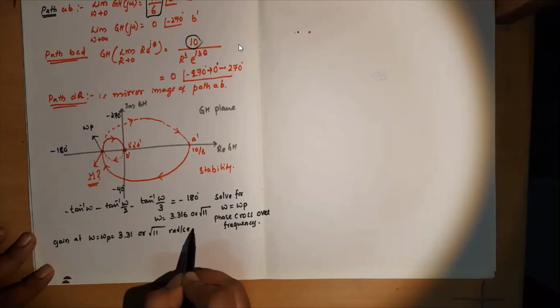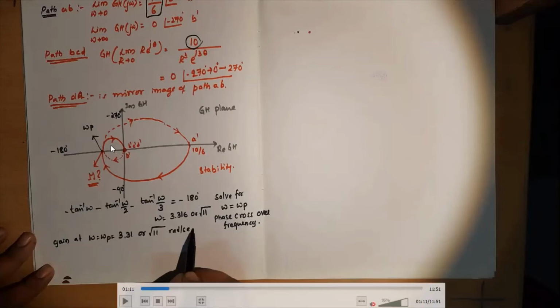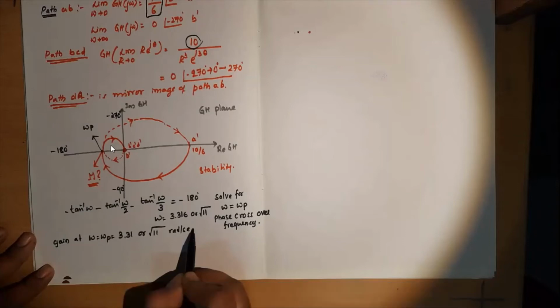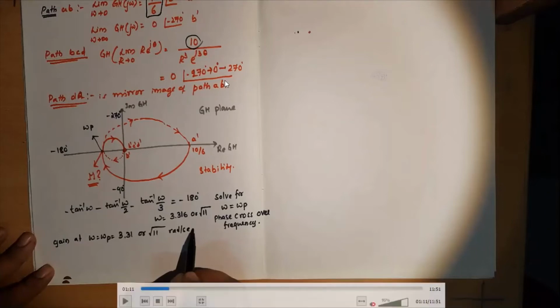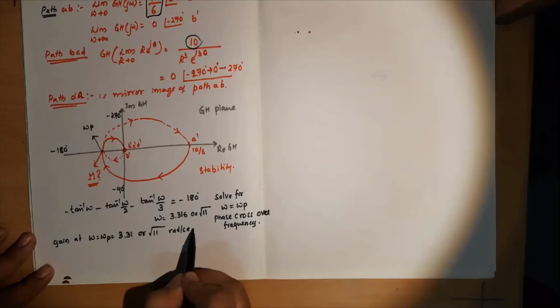Anybody wants to say the value of m will remain same? Sir, m will change. Anybody else want to say m will change? Okay, let us see whether it will change or remain the same.